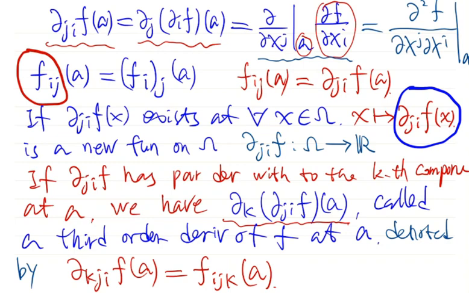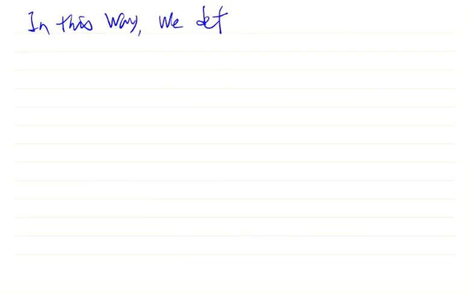So this is the third order derivative. In this manner, we can define partial derivatives of arbitrary order.